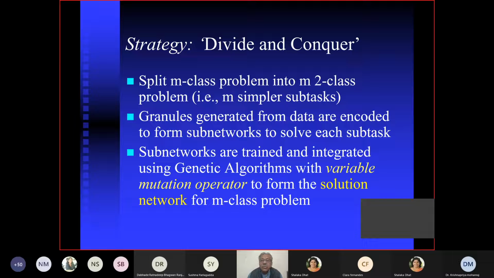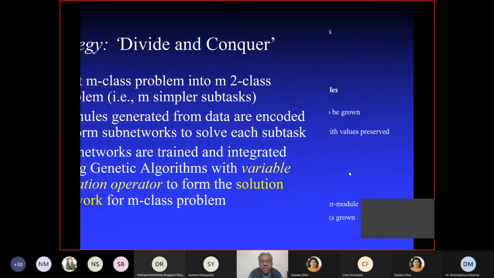Whereas the links that were not present at that time, but are coming up because of the integration, I want them to get changed frequently. That means mutation for the already trained ones will have low probability, and mutation of those which I would like to change will have high mutation probability. That's why I'm calling it the variable mutation operator.